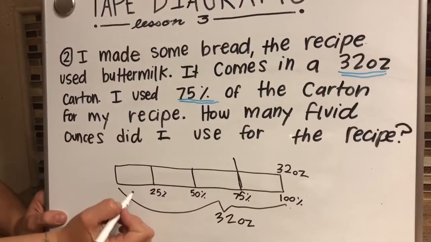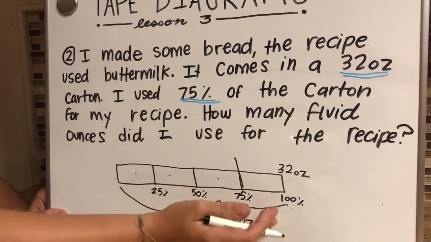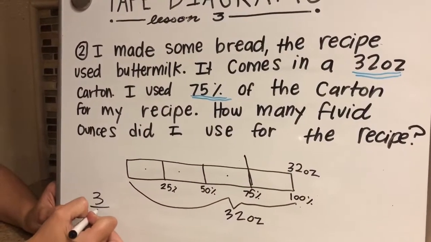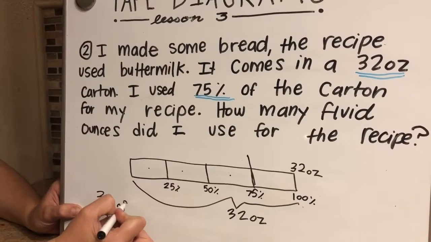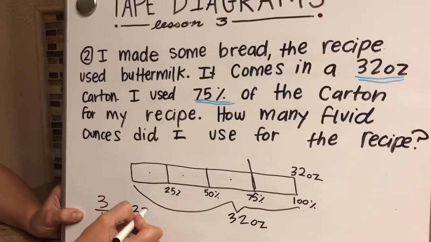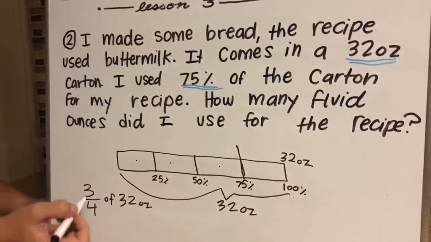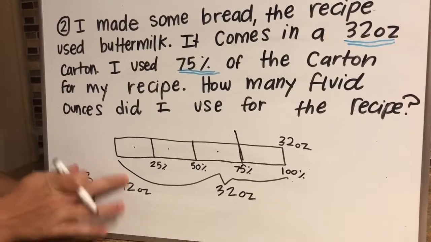So I can use this in a fraction. I used 1, 2, and 3/4, right? So I can write it as 3/4 of 32 ounces. Okay, so I use 3/4 of 32 ounces. Another way I can write this is like this.